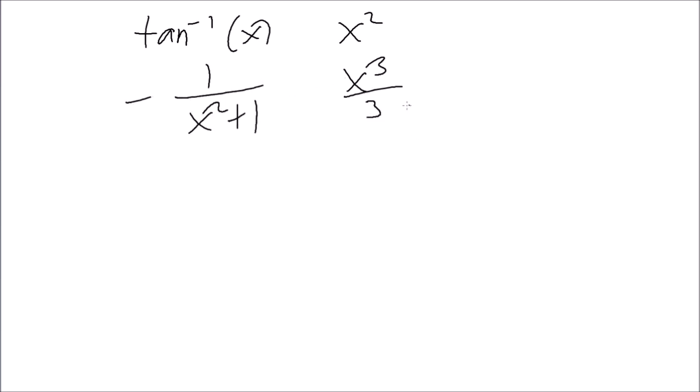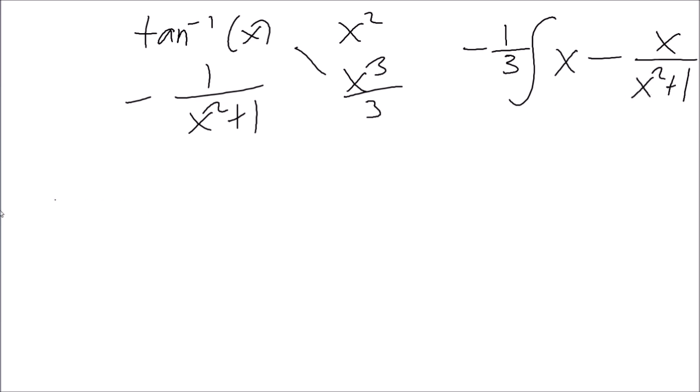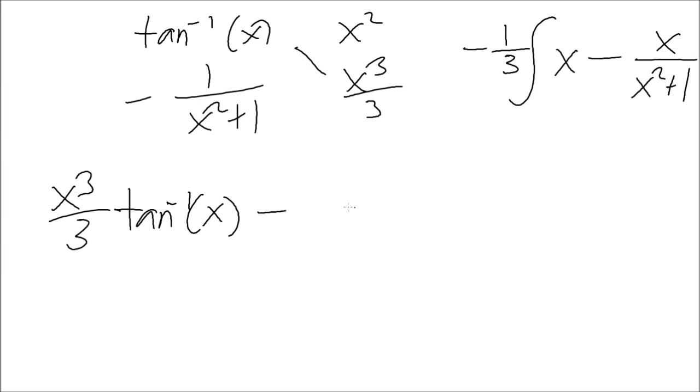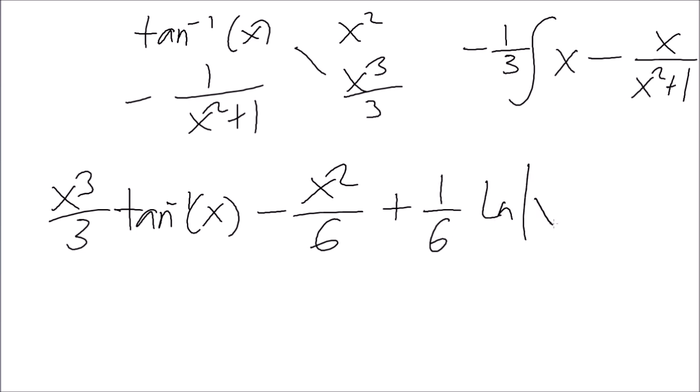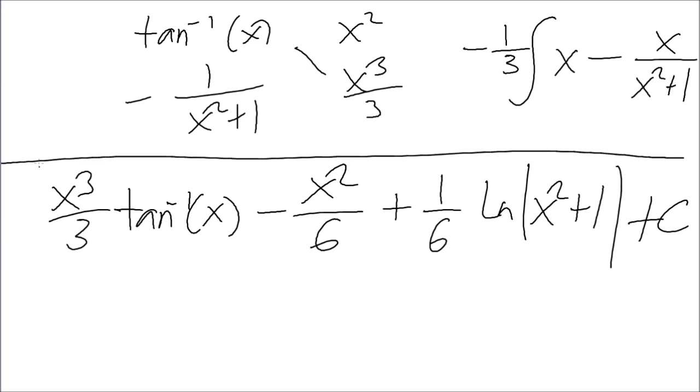So you have this, and then you have 1/3, then x cubed plus x minus x, half. So my answer would be like x cubed over 3 inverse tangent minus x squared over 6 plus 1 over 6 ln x squared plus 1. Something like that.